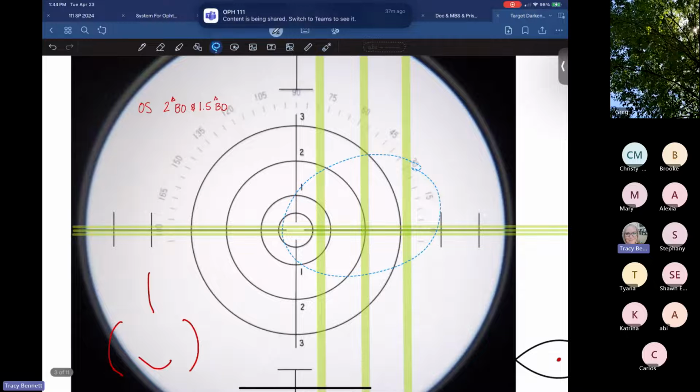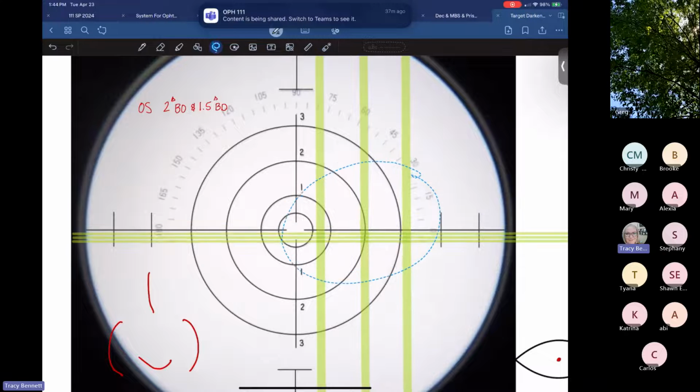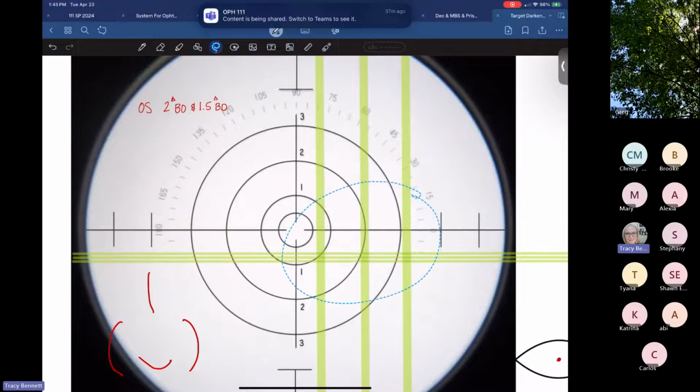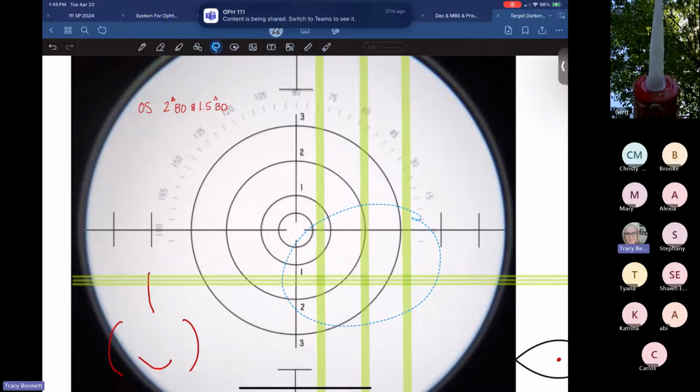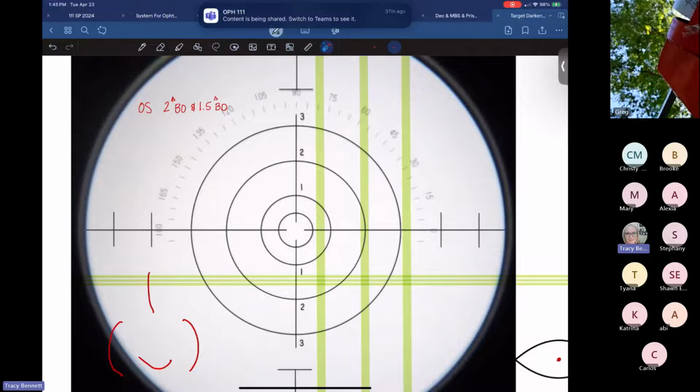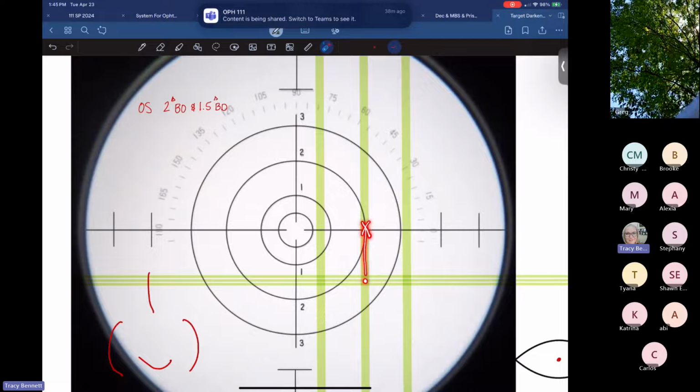So I'm just going to move 1.5 base down. So I'm staying in alignment with the 1 in, and I move 1.5 base down. And then that's my final placement here because it stays in alignment with the 2 base out and in alignment with 1.5 base down.